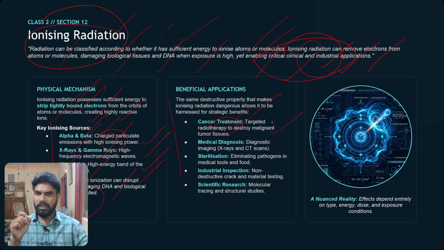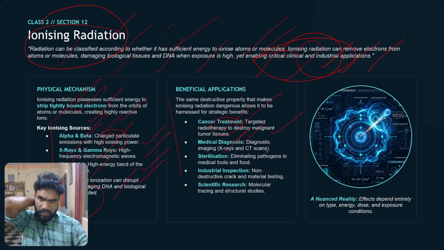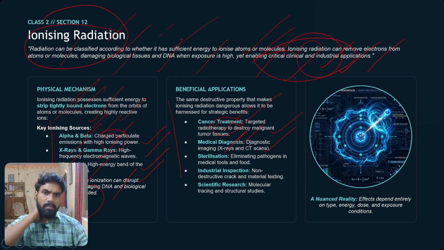They can destroy the malignant, meaning malfunctioning, tumor tissues. They can be used in diagnosis also, in diagnostic images such as X-rays and CT scans. And in sterilization also, they are used in eliminating pathogens in medical tools and even in food also. So radiation has these many applications.